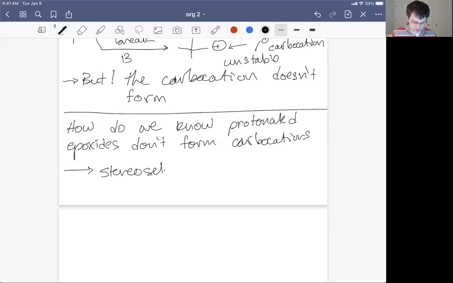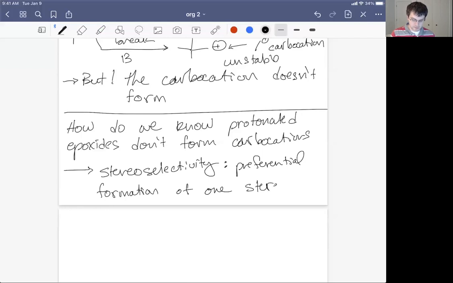So stereoselectivity is the reason why we know that protonated epoxides don't involve carbocation intermediates. So stereoselectivity, this is the preferential formation of one stereoisomer over another.